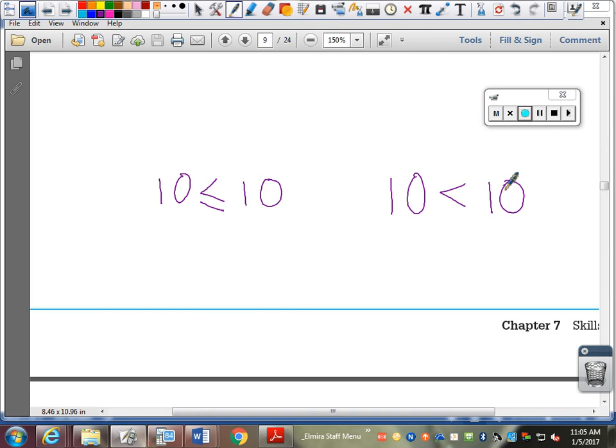It's allowed when there's an equal bar. Then we could say true. But if there's no equal bar underneath the inequality, then we have to say false. So be careful and pay attention to details in those kinds of situations.